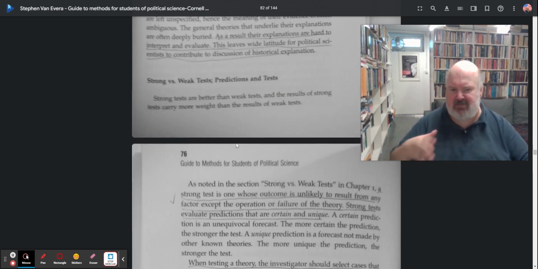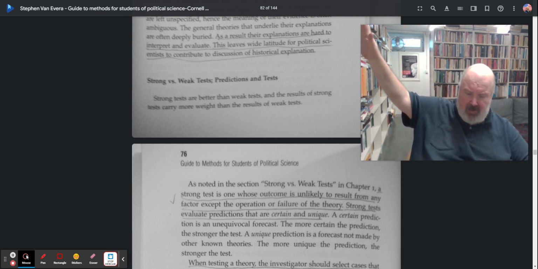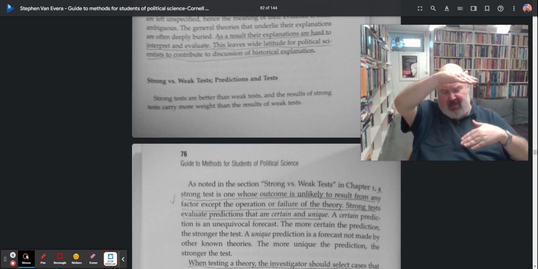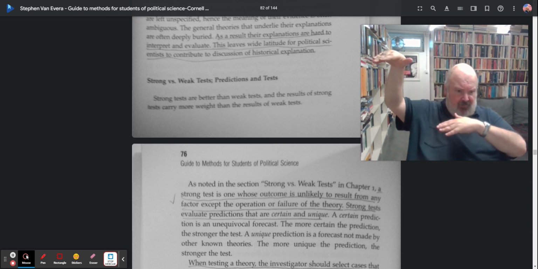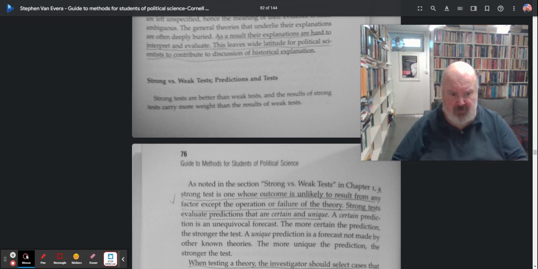Now we turn to tests: strong versus weak tests, predictions and tests. As we said in discussion earlier, both in chapter 1 and in our previous videos on testing theories and antecedent conditions, we looked at the means of doing it: congruence procedures, controlled comparison, and process tracing. These are methods, ways of testing.